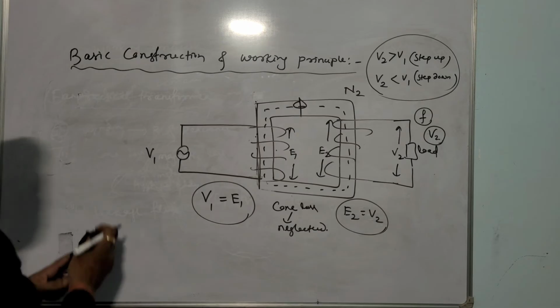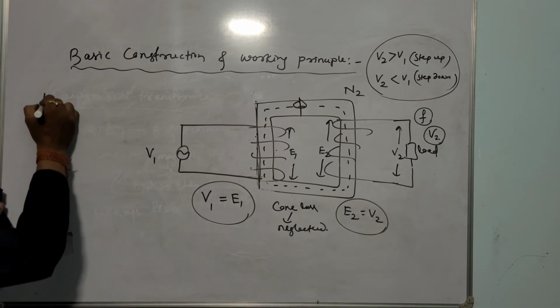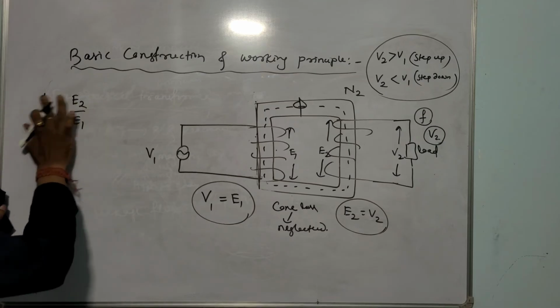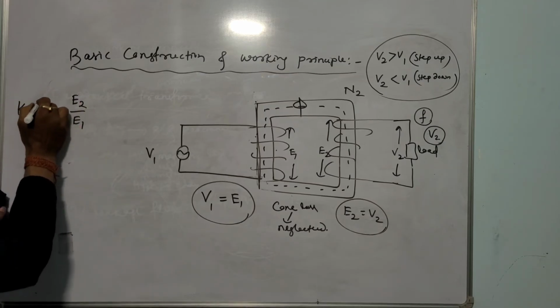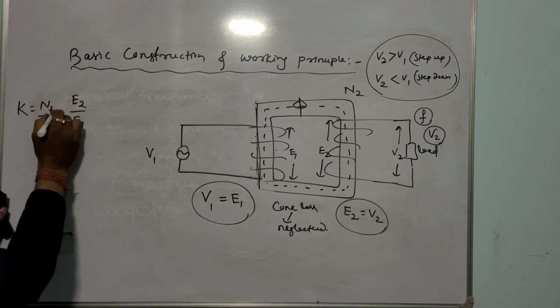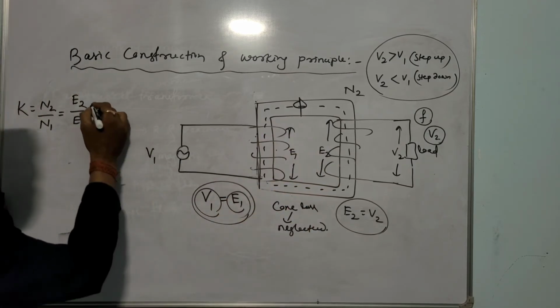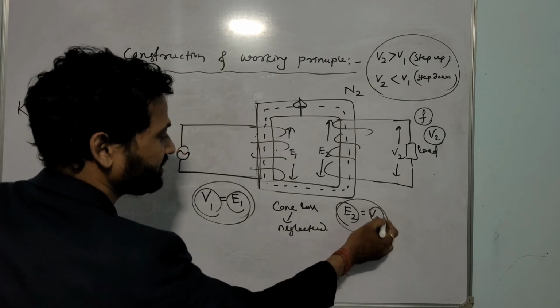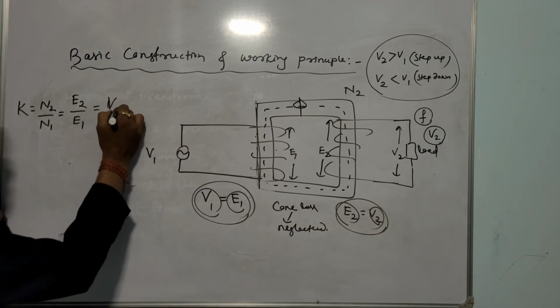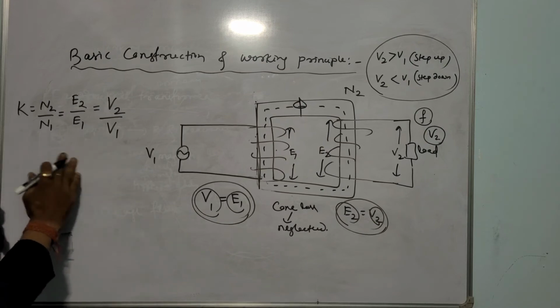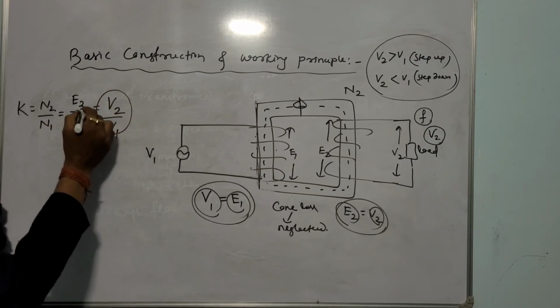So now, as I said just now, what was the transformation ratio? E2 upon E1, and you can say N2 upon N1. But in case of an ideal transformer, V1 is E1 and E2 is V2. So here I can write V2 by V1. So what do you conclude from here?